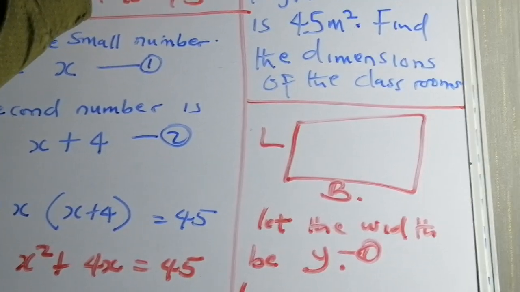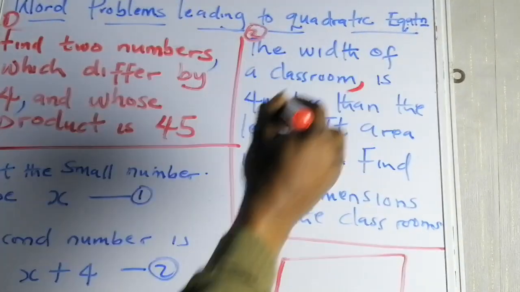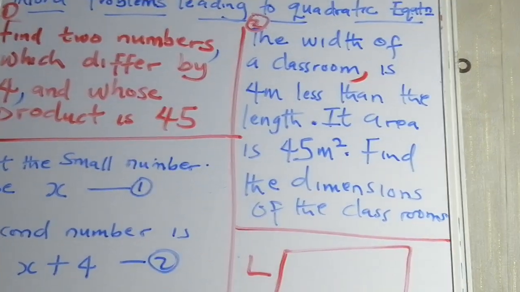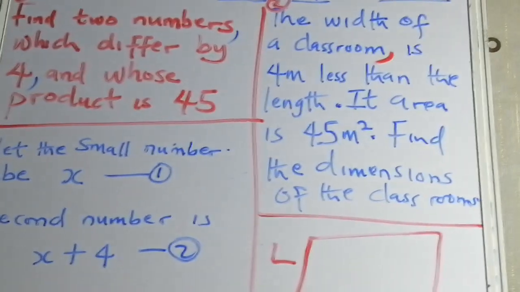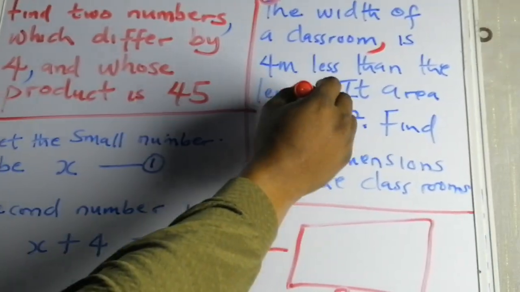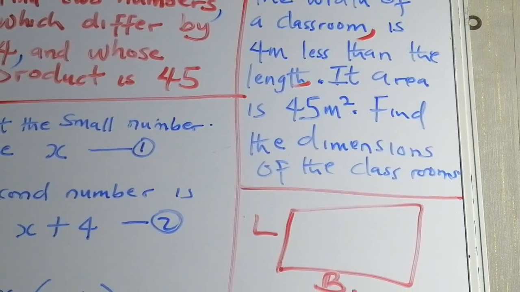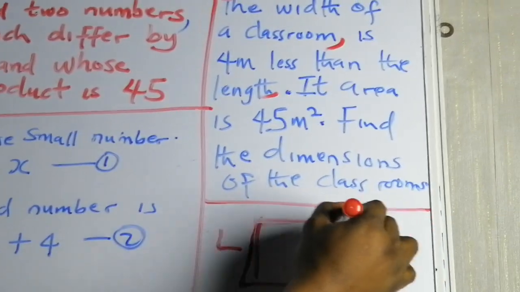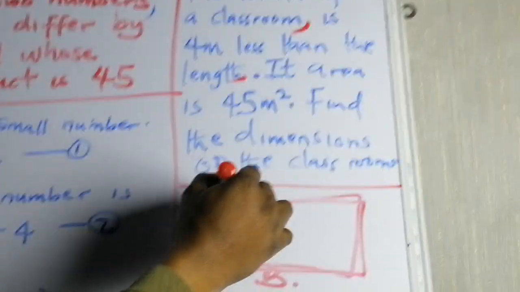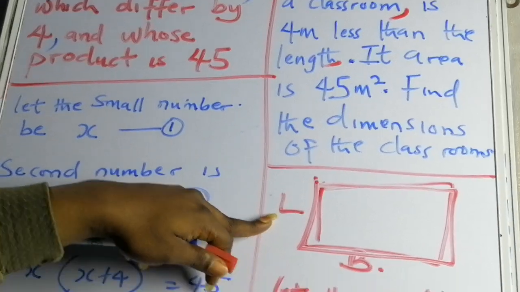From the statement, the width of a classroom, that is the first one, and we said let the width be y. Now it is 4 meters less than the length. That's another statement there. If you look at the diagram of length times breadth of a rectangle, breadth is always higher and length is always shorter.